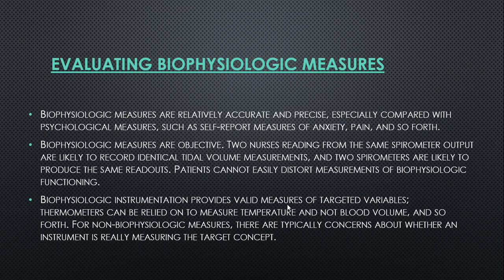Okay, two nurses' readings from the same spirometer output are likely to record identical tidal volume measurements, and two spirometers are likely to produce the same readouts. Okay, patients cannot easily distort measurements of biophysiologic functions. Okay, biophysiologic instrumentation provides valid measures of target variables. Thermometers can be relied on to measure temperature and not blood volume, and so forth.